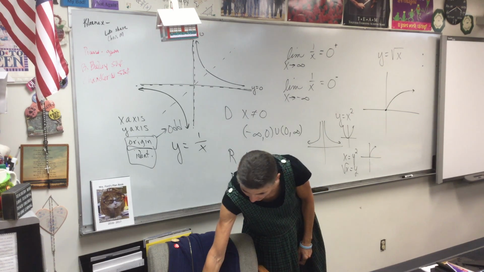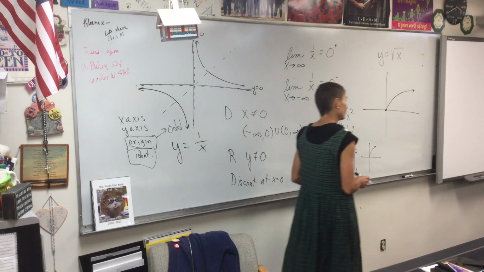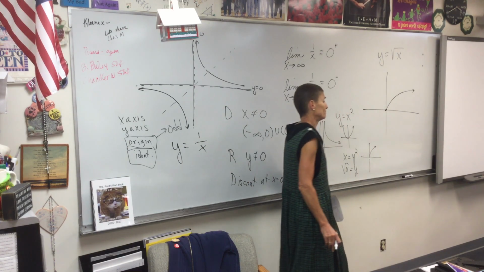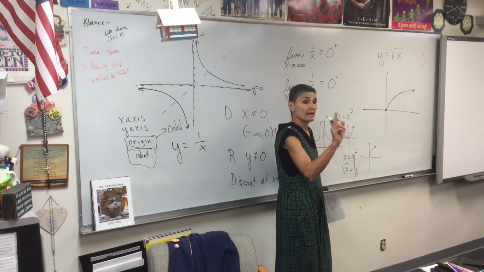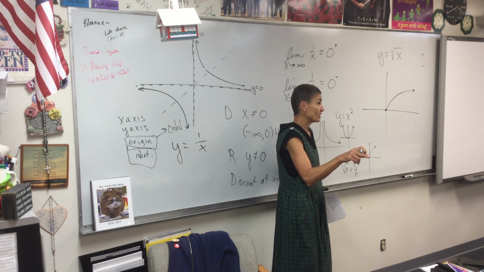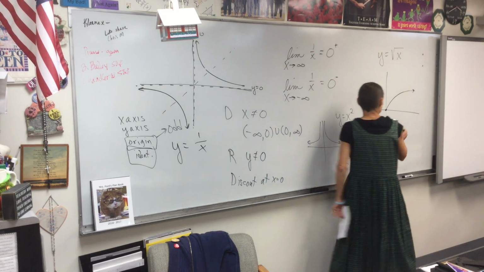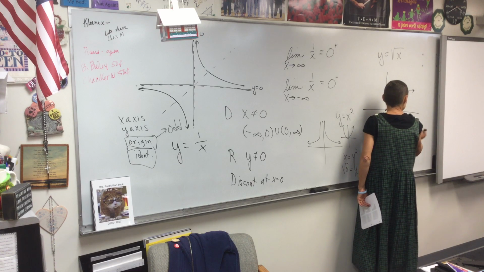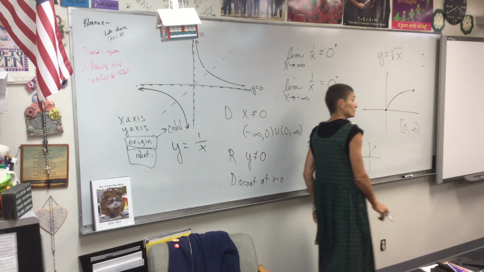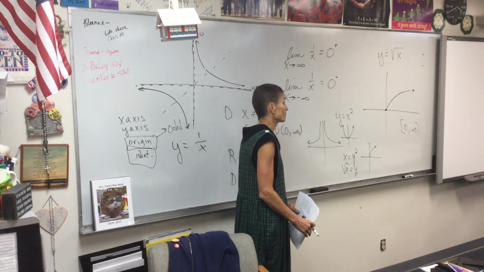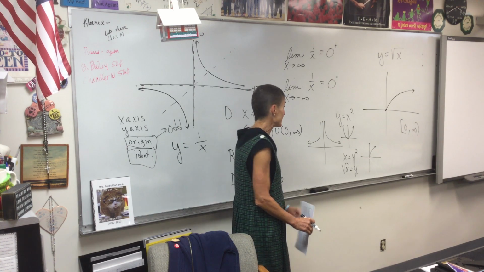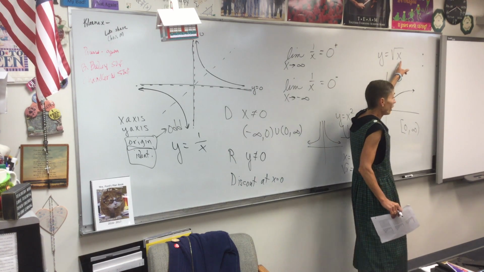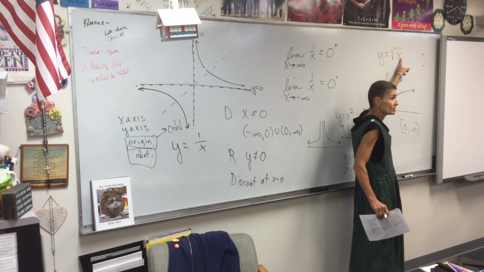Okay, so what do I want to know about it? What's its domain? Be careful now. What's its domain? Everything bigger than or equal to 0, right? So that would be 0 to infinity for my domain. And again, if you look at the problem, that makes perfectly good sense.